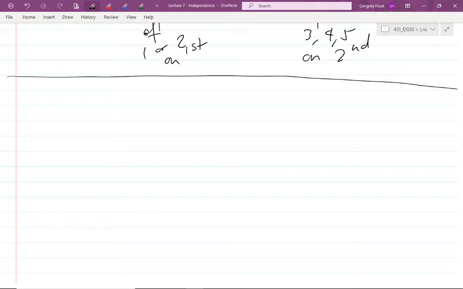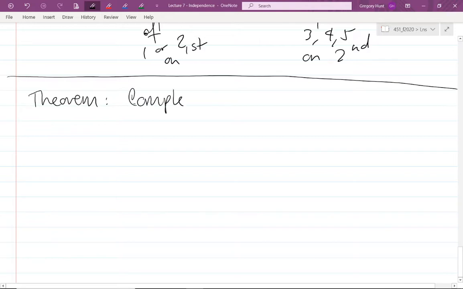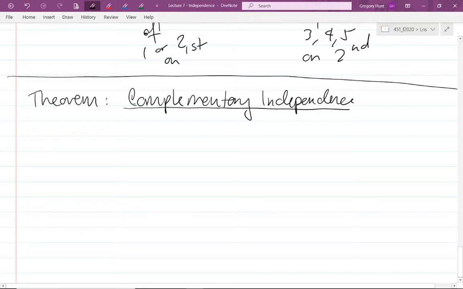Okay, let's talk about some theorems of independence. So, complementary independence. This is a theorem that tells us how independence interacts nicely with complements.